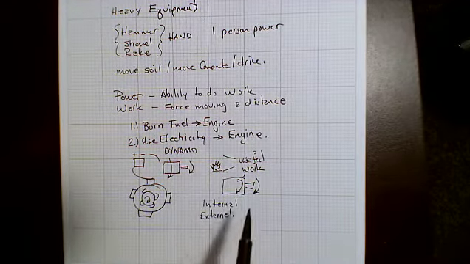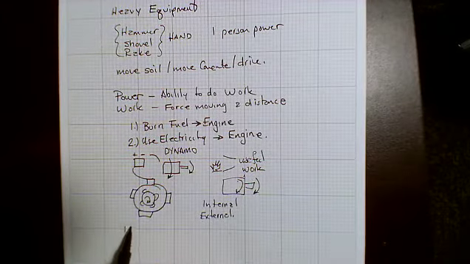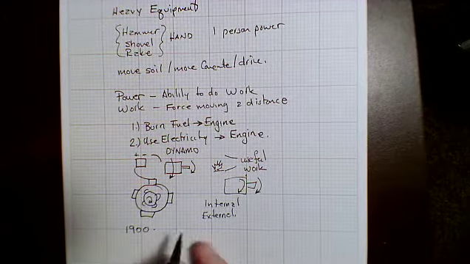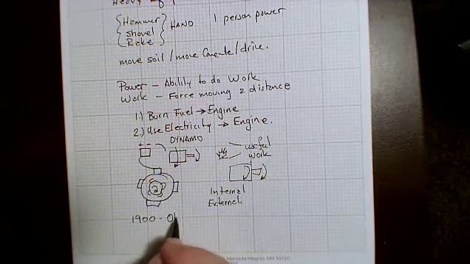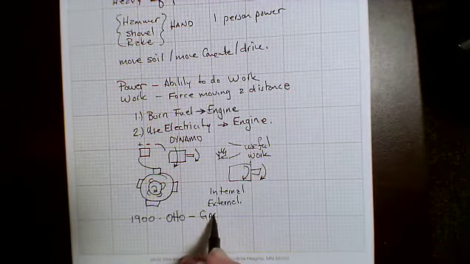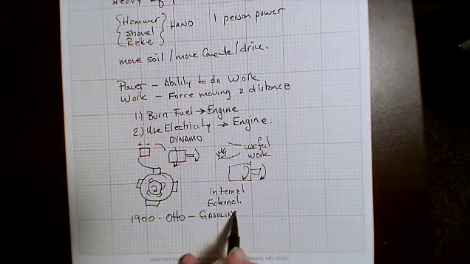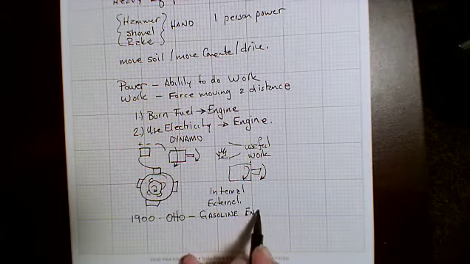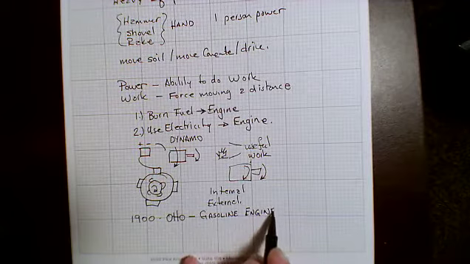It has been around for quite some time. In the early 1900s, a gentleman in Germany by the name of Otto developed the gasoline engine, and it was decided that it was too important an invention to simply patent.